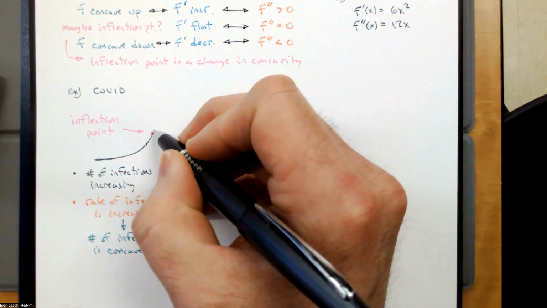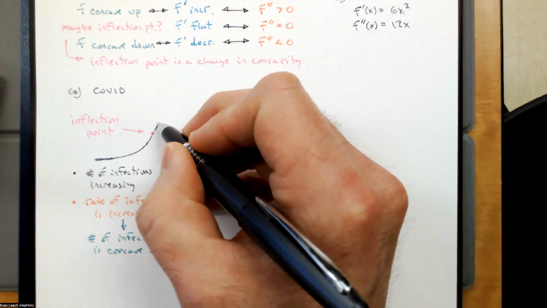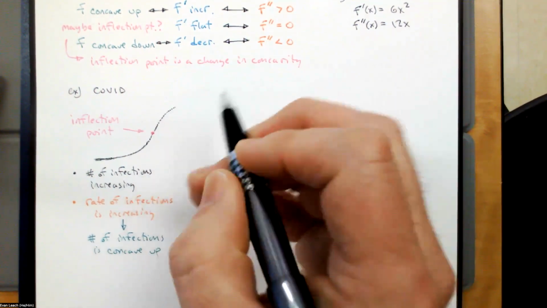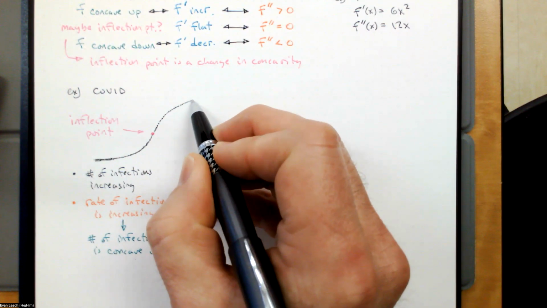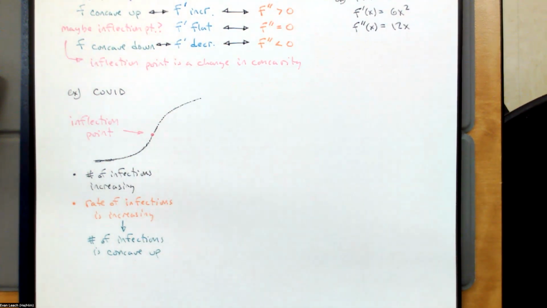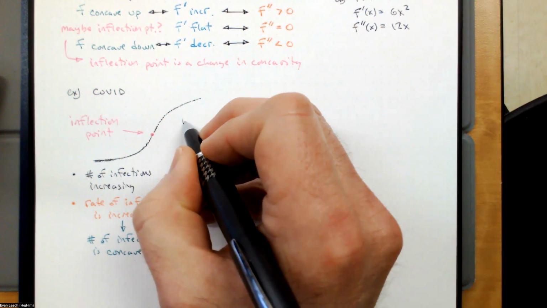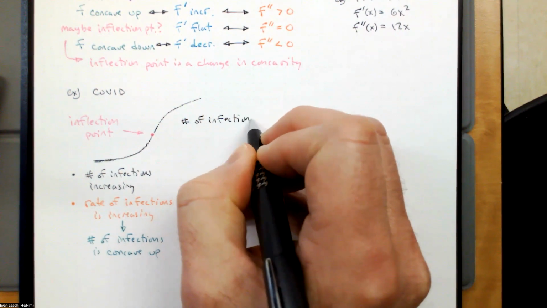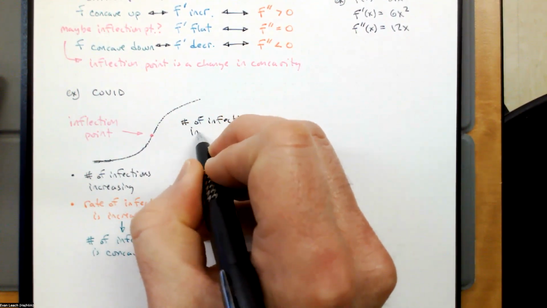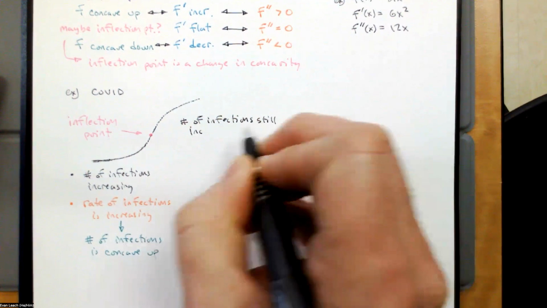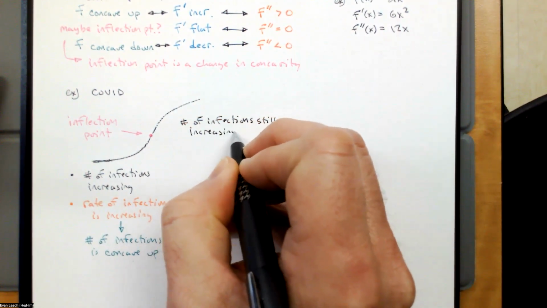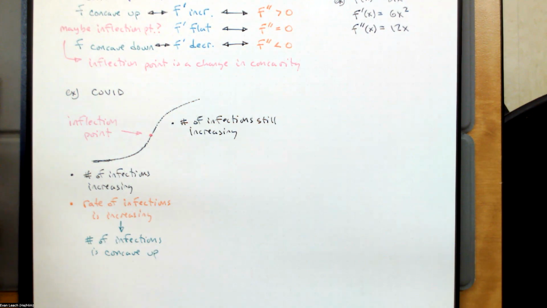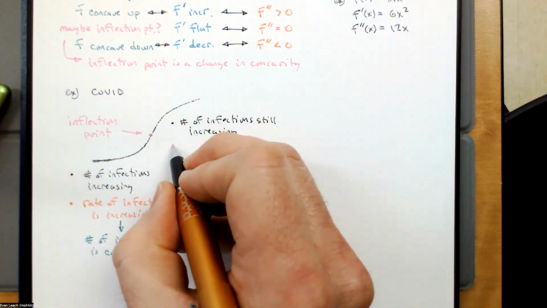After the inflection point, the number of infections is still increasing, but now the function is bent down, because the rate of infection is decreasing.